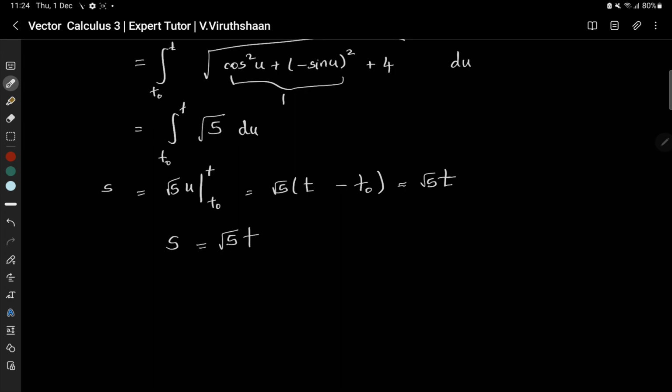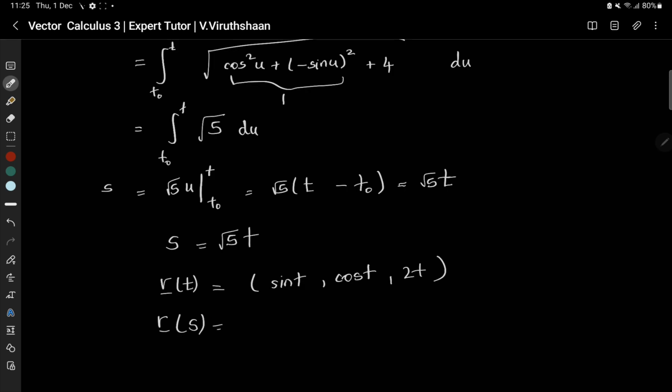But now the question is to express that vector r dash t. Here the vector is given in terms of the t parameter: sin t, cos t, 2t. But what they are asking is to change this t to s, to represent that line using the s parameter.